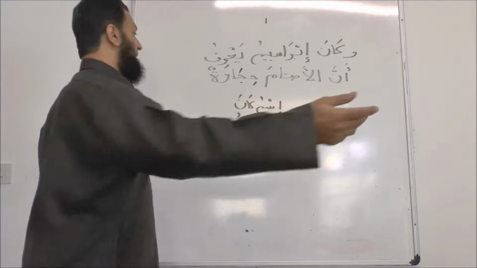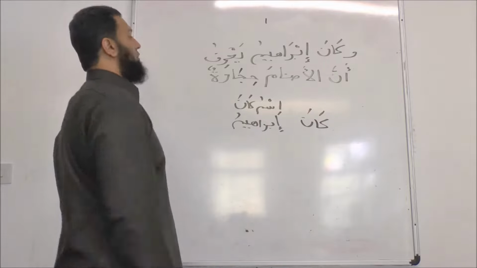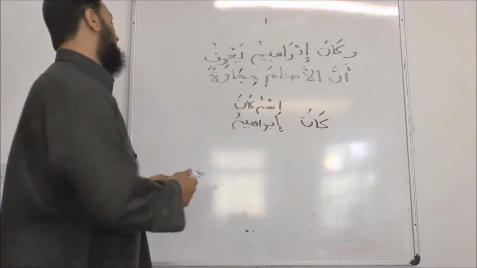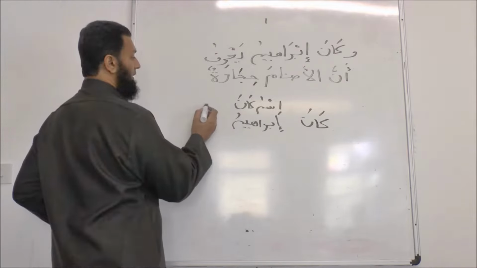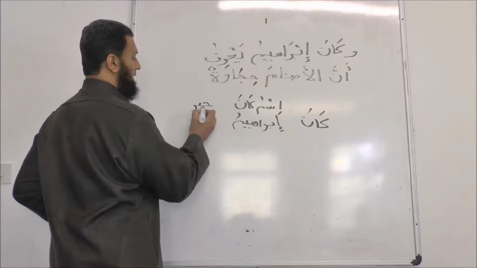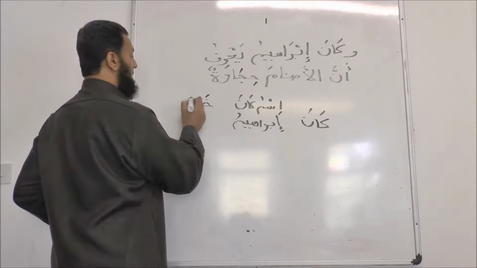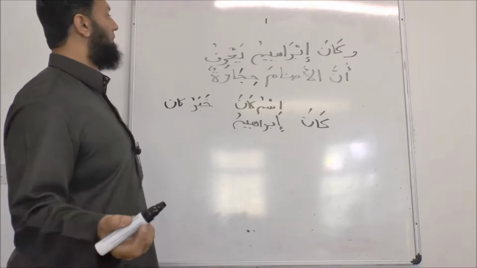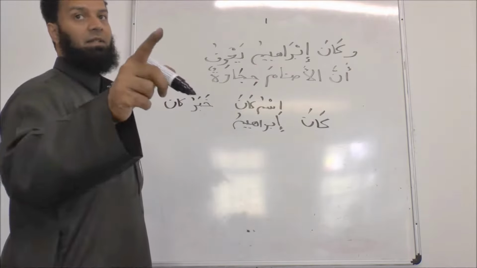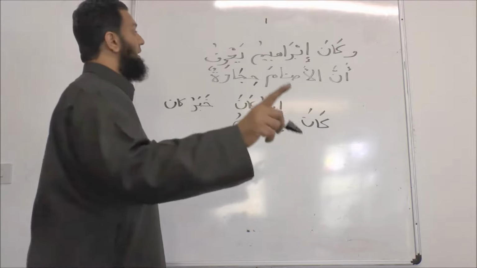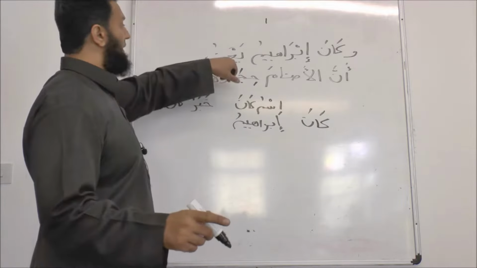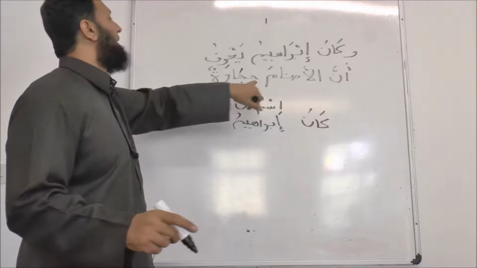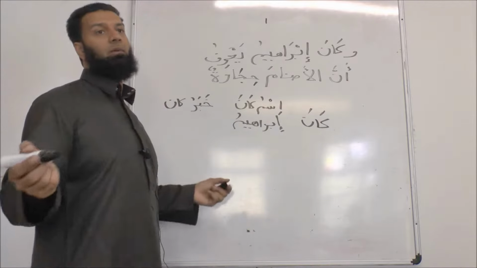So now if ismu kana is Ibraheemu, what are we left with? Khabaru kana. So what is khabaru kana? The rest of it. Right, ya Shabazz, that's good. I knew that it was stone. يعرف أن الأصنام حجارة.